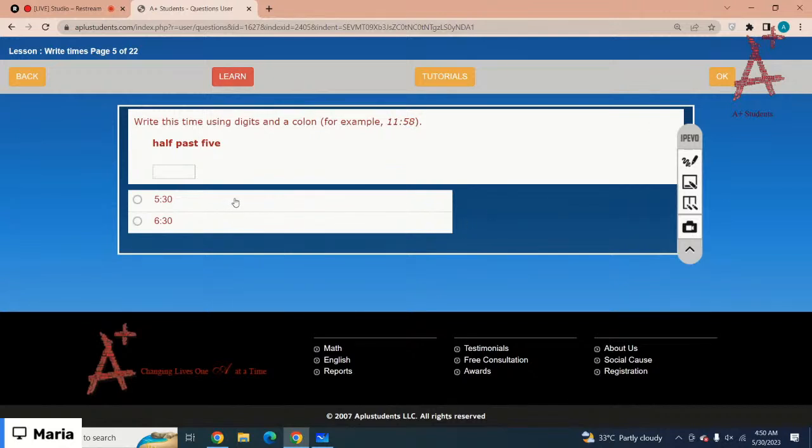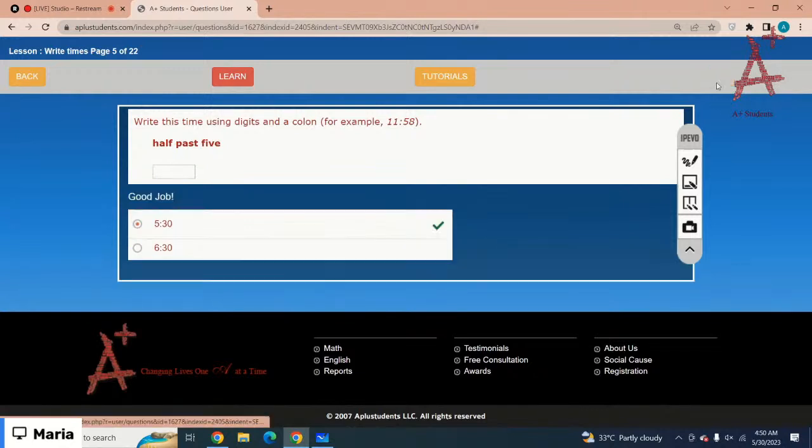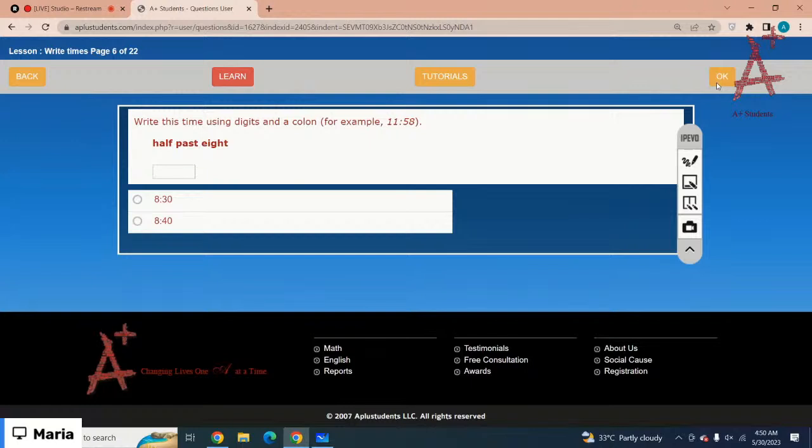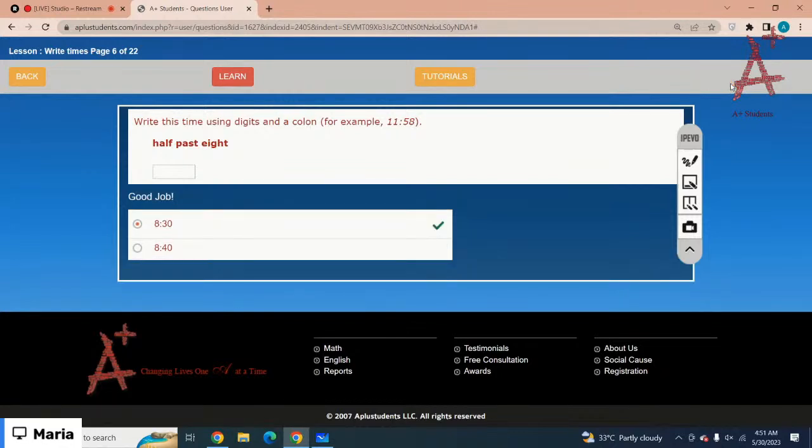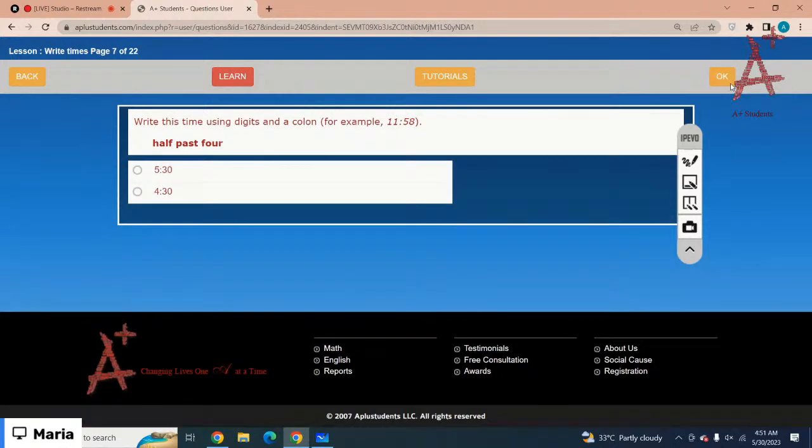That is option number 1. Okay, write the time using digits and a colon: 8:30. It would be option number 1, 8:30. Okay, 4:30.